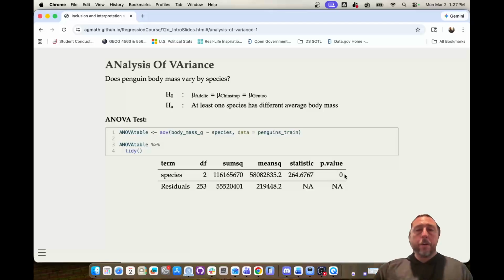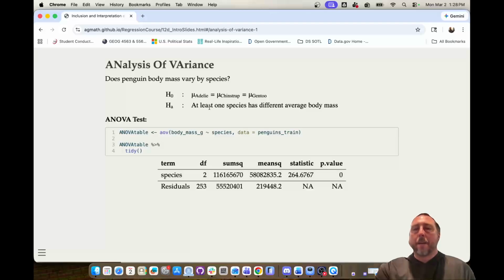That p-value measures the likelihood of observing our data from a reality where the null hypothesis is true. So in a reality where body mass across the 3 species of penguins is identical, the probability that we'd observe data like ours or more extreme than ours is nearly 0. And so that's indicating that our data is not compatible with this null reality.